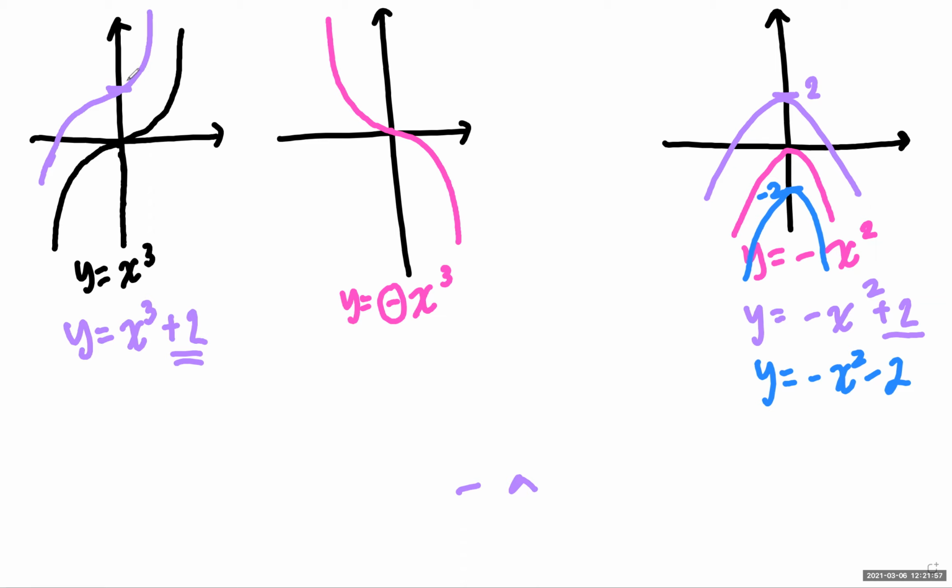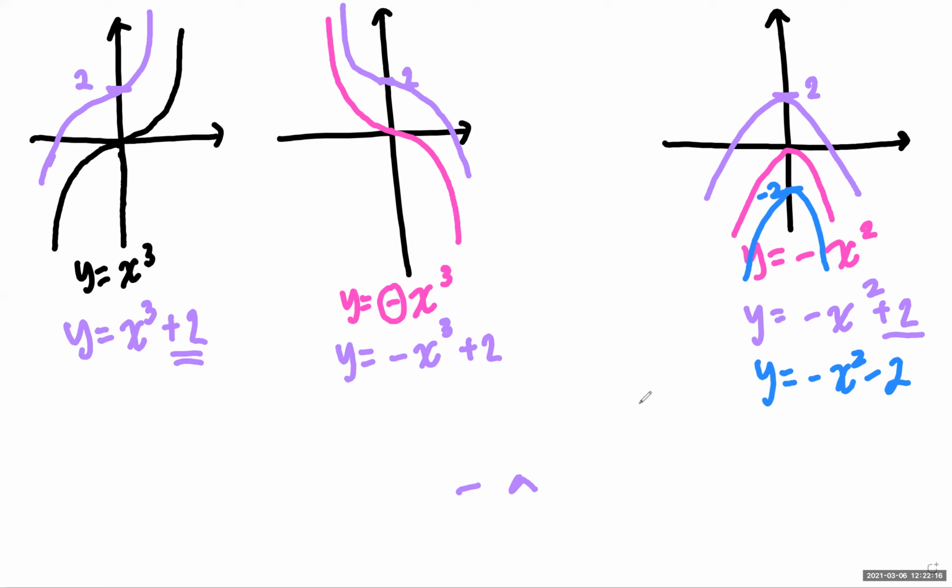So this will be how much? 2. So right now here I have y is equal to minus x cubed plus 2. What does that mean? Means I take the pink one and move up by 2, right? So here will be 2. So that is the pink one.